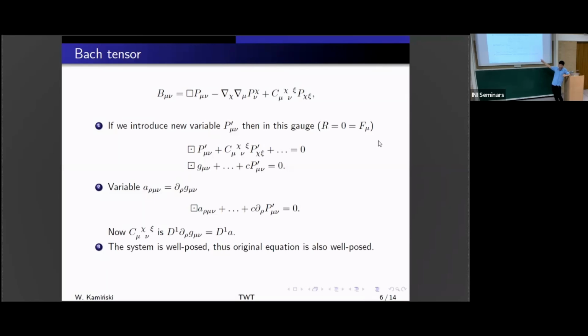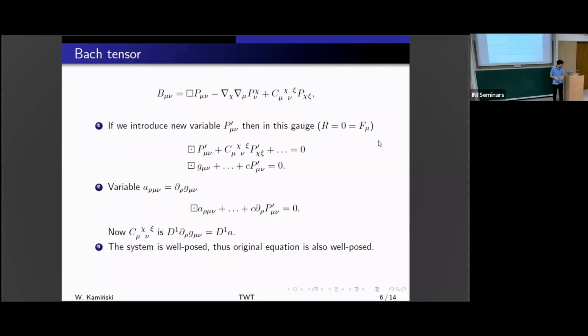Okay, so we have a quasi-linear wave equation, and one can show that for a solution to this equation with good initial data, this A is related to the jet of the metric. It will also be all the time this jet. So one can show that if this system is well posed, the original equation is also well posed.